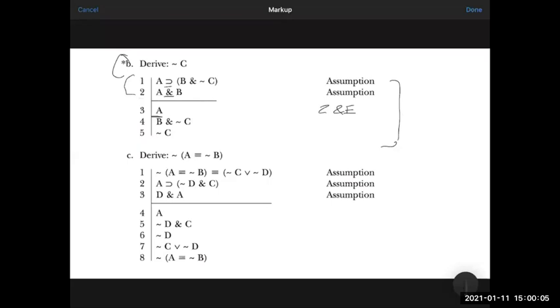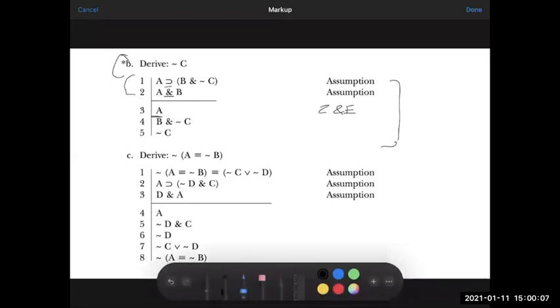Okay. B and tilde C, where would you have gotten that from? Well, let me now remind you of this conditional in premise 1. And let's divide it into antecedent and consequent. The antecedent will be in blue, and the consequent will be in green.